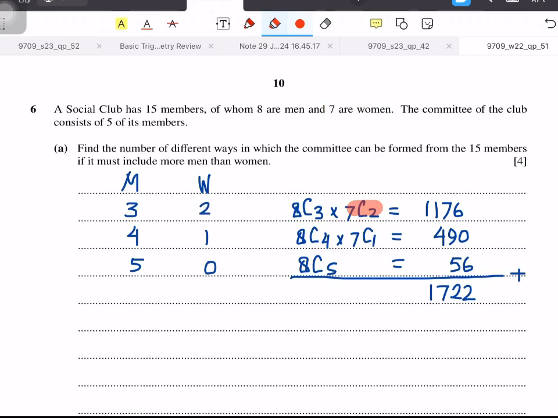So the number of selections for the first possibility is 1176, and then for the second possibility 8 choose 4 times 7 choose 1, and the last one is 8 choose 5. And then we total all the number of selections for all possibilities. The result is 1722.